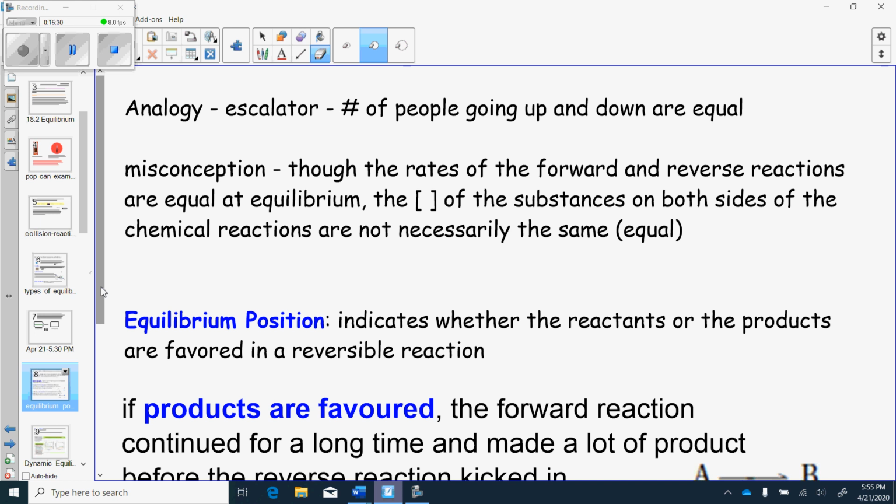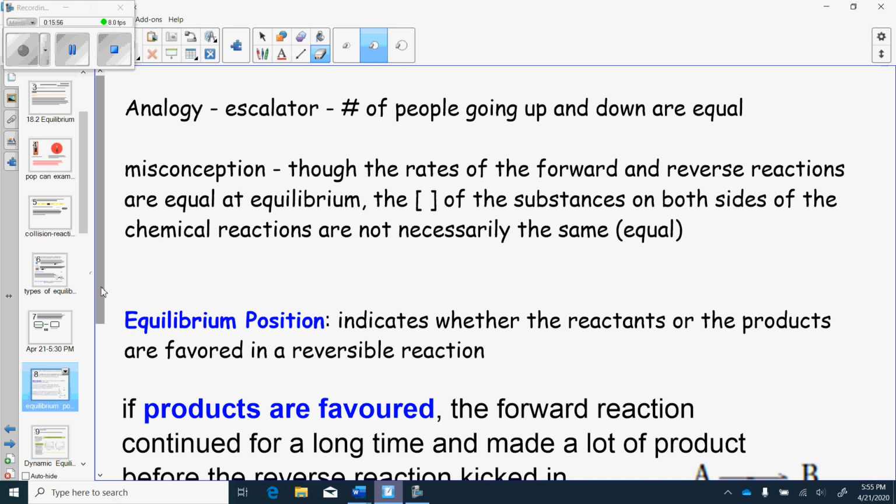But as soon as we get enough people on the second floor, as soon as those collisions start to happen more frequently and more successfully, we're going to start to see some people come down the escalator. So we'll have lots of people going up, a few people going down. Eventually, this system will reach equilibrium. And we won't necessarily have equal amounts on the first floor and the second floor. It's not about amounts, it's about the transfer.